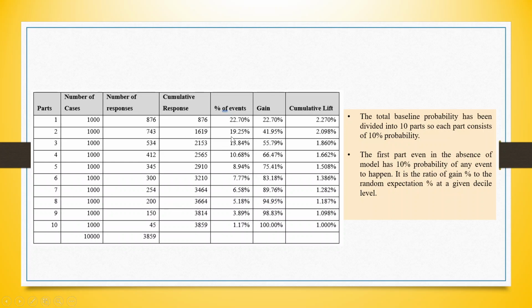So what we get is 22.70 percentage, that is 876 divided by 3859. This is 19.25, which is 743 divided by 3859. The cumulative gain is 22.7 percentage plus 19.25, which is 41.95.